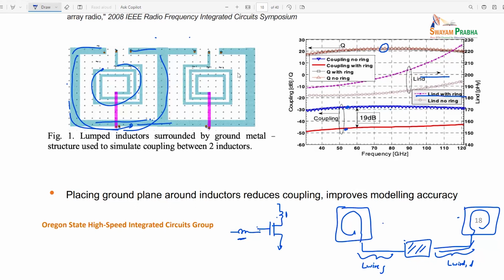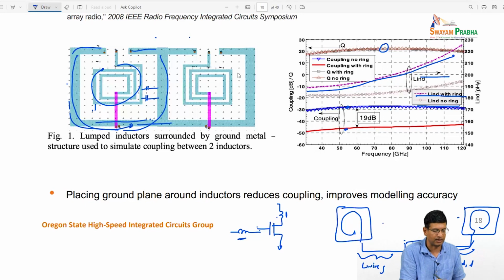And this is the L inductor with ring and L inductor without ring. And in that case, they are seeing a higher self-resonance frequency, because effectively, I guess the claim would be that the capacitances here are impacting them, right? But it depends a lot on how you space this, how far you space this inductor from that coil, right?